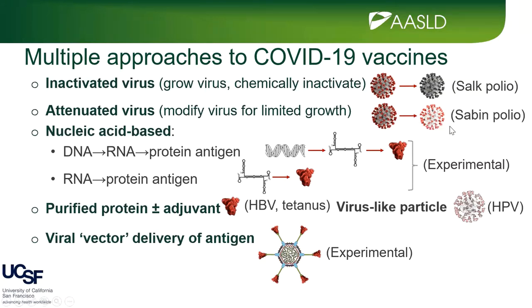And again, a classic example of this attenuated virus approach is with the Sabin polio vaccine, measles, mumps, rubella. All of those are attenuated viral vaccines. There are more recent efforts that I want to talk about next, partly because the two approaches that I've mentioned are only partially successful and sometimes have intolerable adverse effects. The next category is nucleic acid-based vaccines.